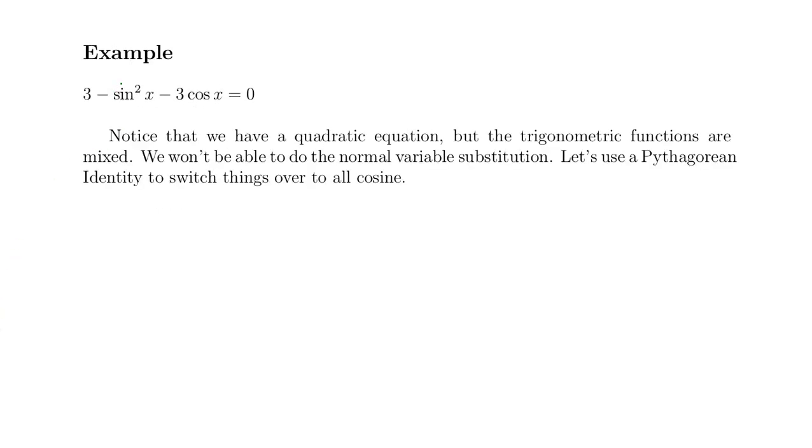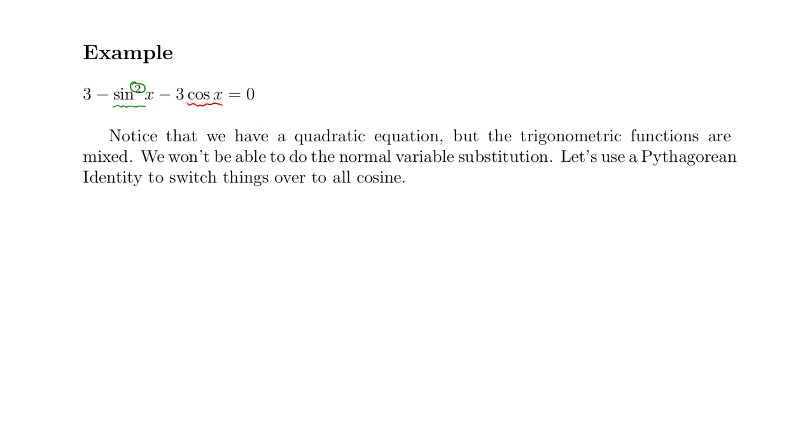So here, we have a quadratic equation, because this is degree 2, but notice we have a sine function and a cosine function, not the same type. That means it's going to be hard to do variable substitution. We can't just say, let u be sine of x, and then we have u squared and a 3u or anything like that. So we're going to use the Pythagorean identity here.